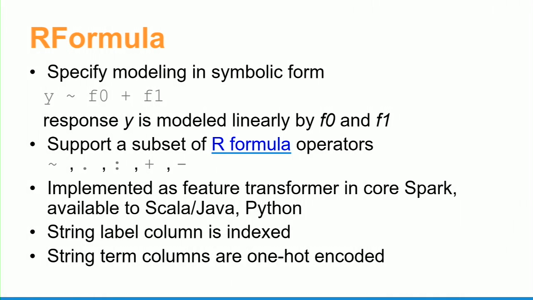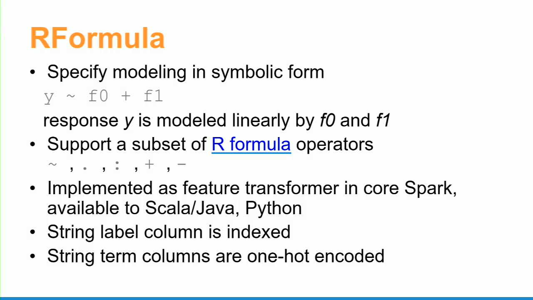Before we go further into understanding how SparkR works with the pipeline model, one of the key concepts here to understand is this R formula that is kind of unique in R. So the idea here is you want to be able to use a symbolic form to represent your model that you want to build. So the example here is you respond R, Y is modeled linearly by F0 and F1.